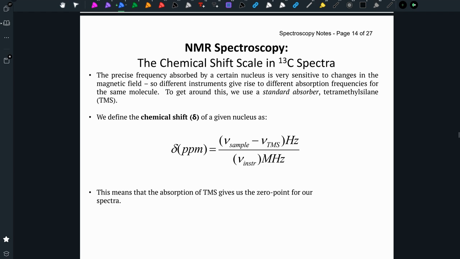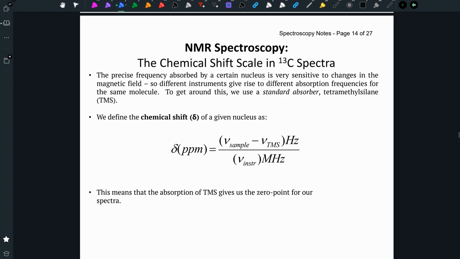But those precise absorbed frequencies are sensitive to changes in the magnetic field. So depending on how strong our applied magnetic field is, we're going to get different values of frequencies that get absorbed.